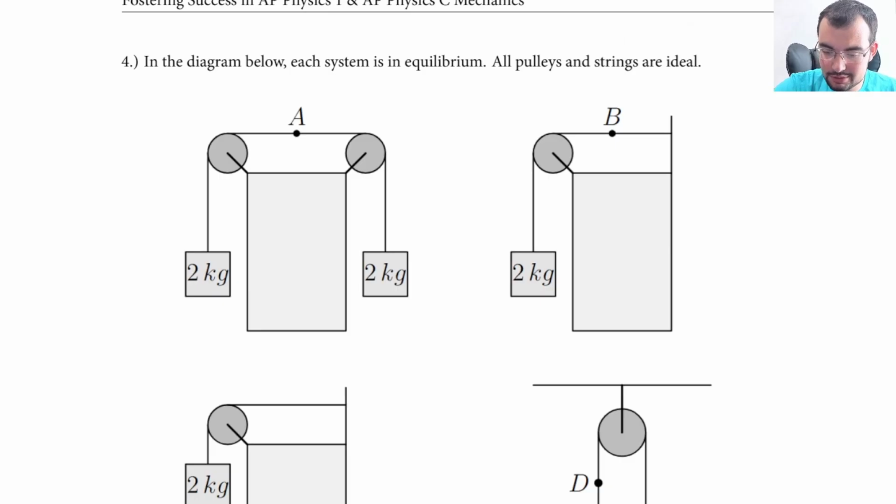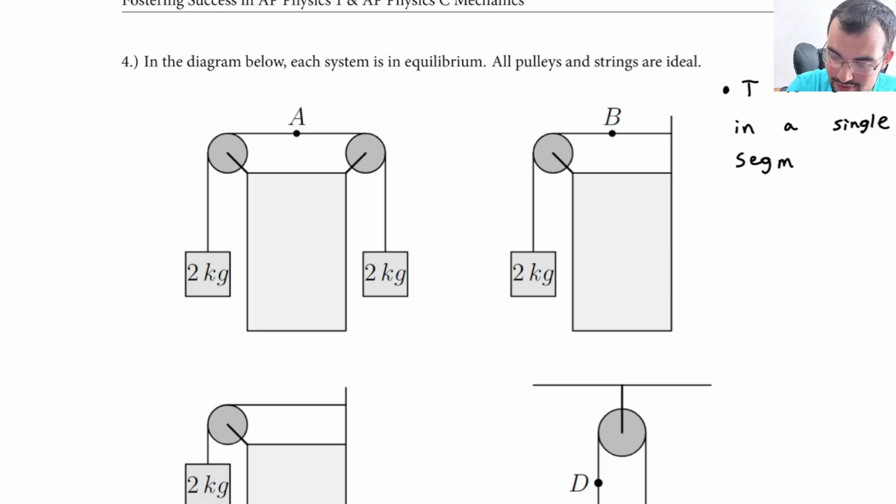All right, now we have some more fun with ropes. These are actually ideal. So whenever we have an ideal rope and ideal pulleys, we can say T is constant in a single segment.